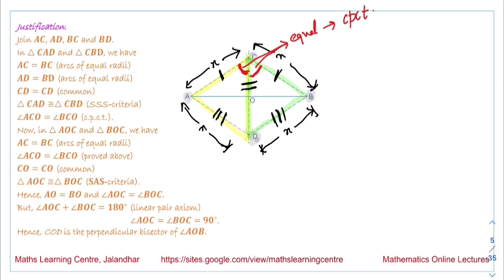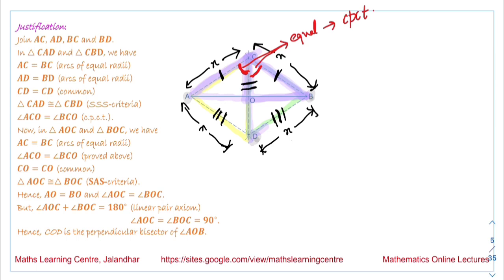Now we are talking about the triangle AOC and the triangle BOC, the upper triangle over here. In these two triangles, again AC is equal to CB.